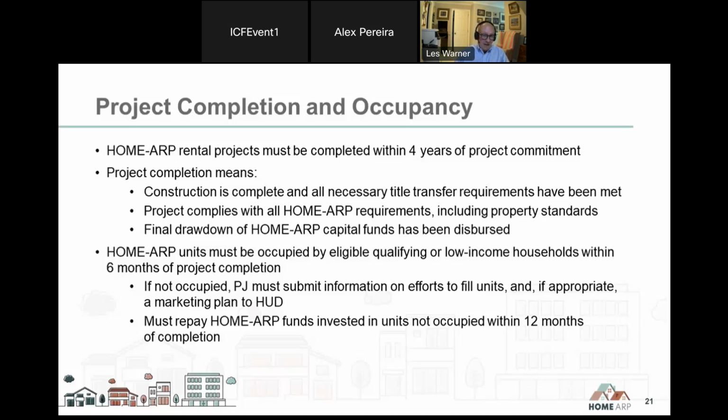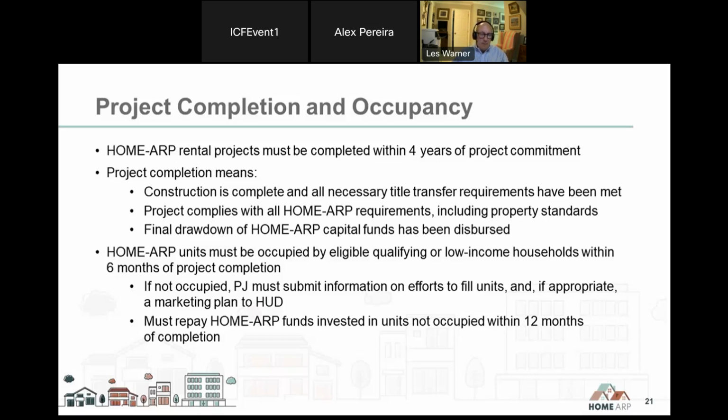So obviously we want to make sure that the units that we have funded with HOME-ARP, that we're confident that we have a population that needs these units, that we're doing appropriate marketing and outreach to make sure that we get those units occupied. But also, oftentimes the challenge here is for the PJ, making sure that the reporting coming back from that property owner is coming back to the PJ in a timely manner, and it's also getting reported into IDIS on this.